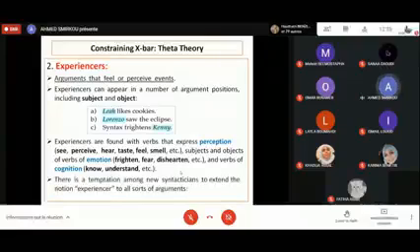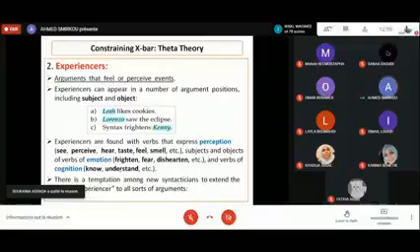There is a temptation among neo-syntacticians to extend the notion of experiencer to all sorts of arguments, which means it doesn't have to be a human being. You think that whatever experiences something is an experiencer.